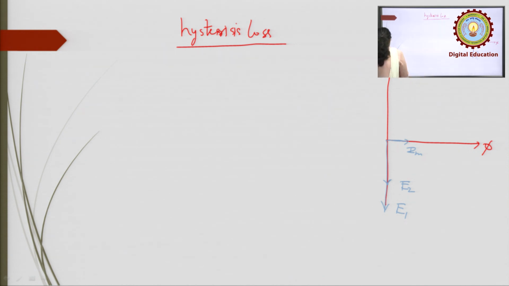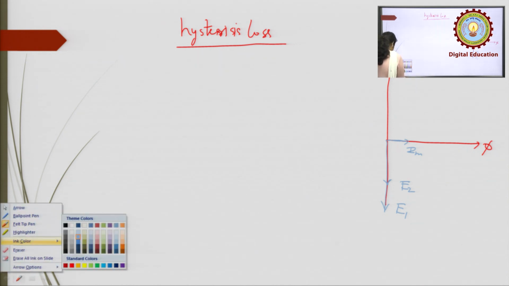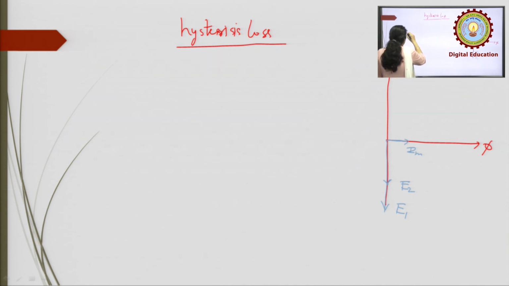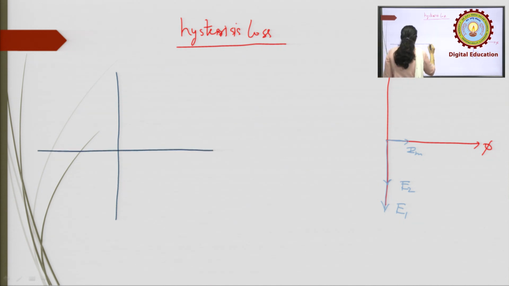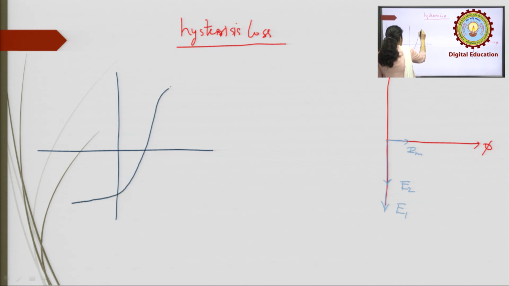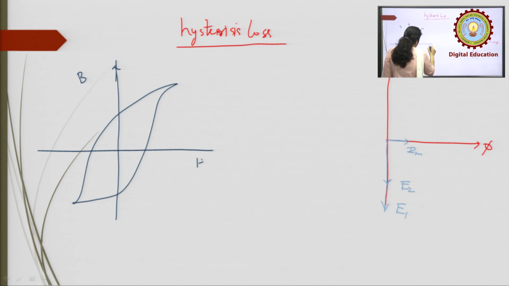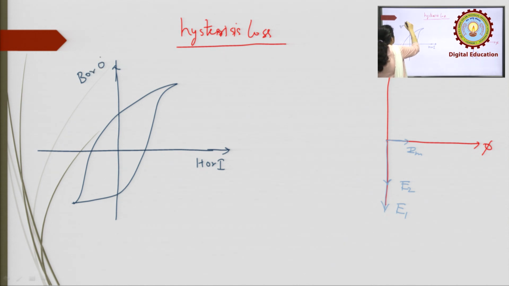Consider the BH curve, with H or current on one axis and B or flux on the other.